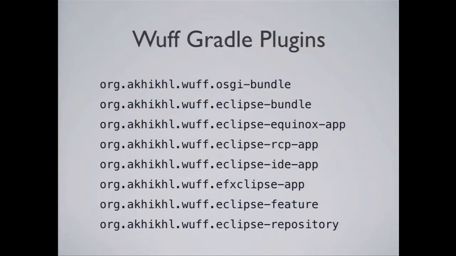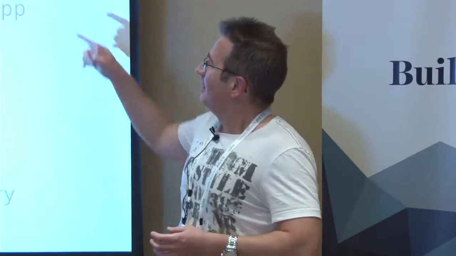So I will tell you briefly what they do. OSGi bundle simply provides your project with an auto-generated OSGi bundle manifest. Eclipse bundle is similar to OSGi bundle, and additionally, it can generate plugin XML for you.